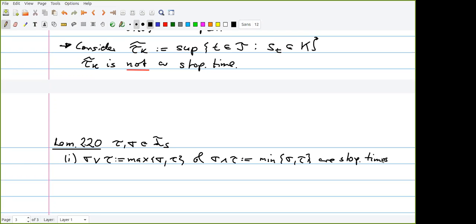So taking the minimum and maximum is allowed and preserves the property of times being stopping times.